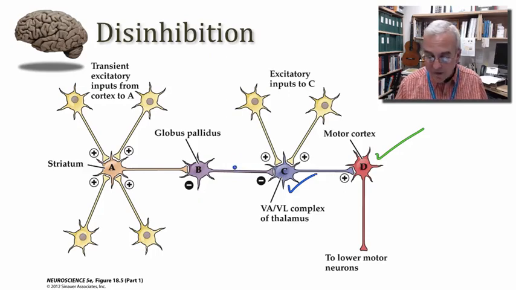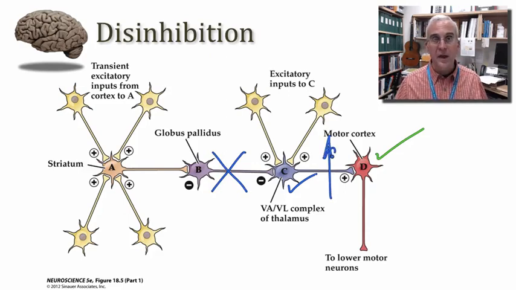When we remove that inhibition, that releases the motor division of the thalamus to fire action potentials and trigger the activation of our cortical spinal pathway. The circuitry of the basal ganglia then, in the direct pathway in particular, is set up to remove that inhibitory lock that the internal segment of the globus pallidus has on the thalamus.